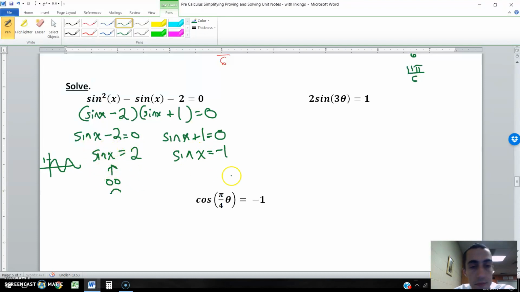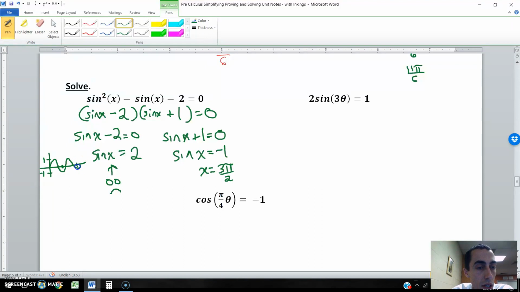Boom, right here. Next one. Which angle has a sine of -1? Now remember that the sine graph does go down to -1. It's -1 at 3 pi over 2 when we do out our graph. So I know that 3 pi over 2 is going to be one of the angles that makes it true. But as we know, this sine graph repeats.